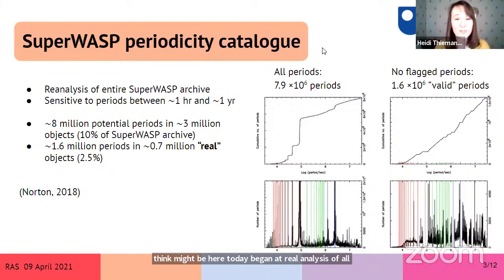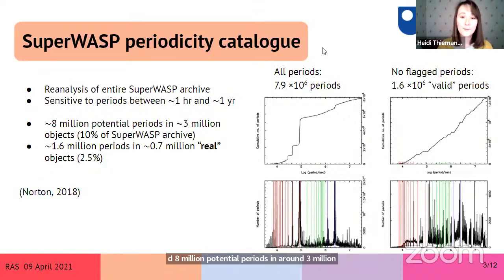This took around 2 years to run, or 90 CPU years, and the aim of this reanalysis was essentially to search for all periodic variables in the SuperWASP archive. The analysis itself was sensitive to periods in stellar variables between around 1 hour and 1 year. As a result of this analysis, he identified around 8 million potential periods in around 3 million objects.